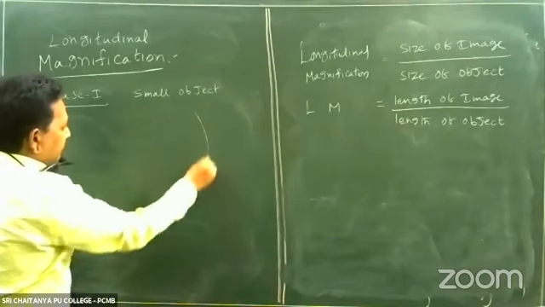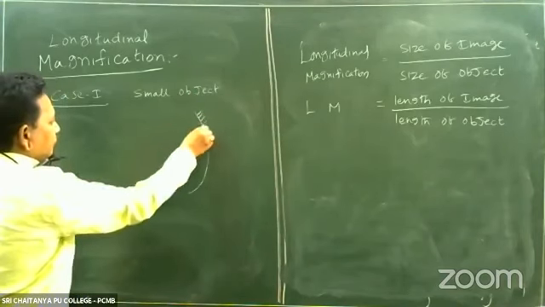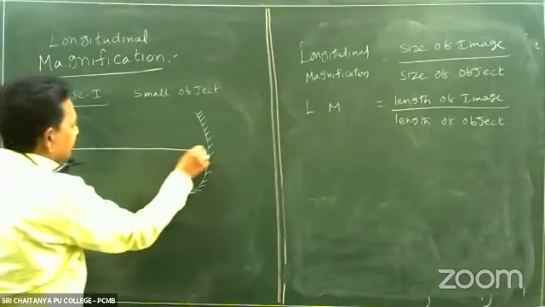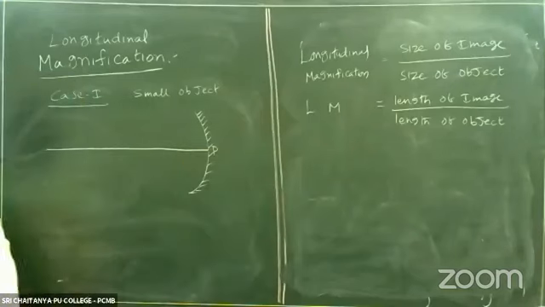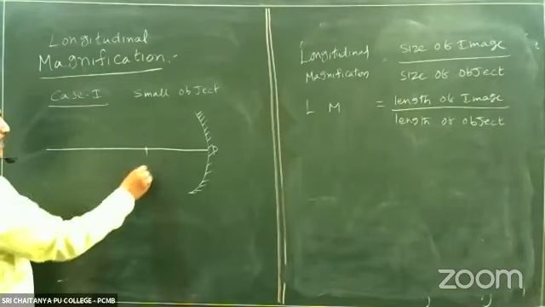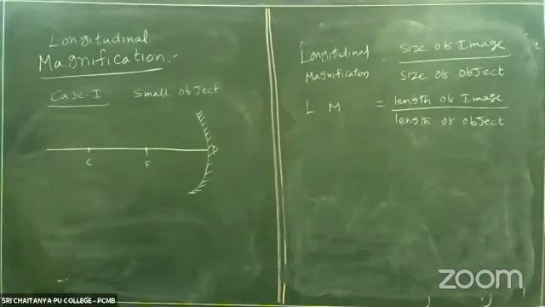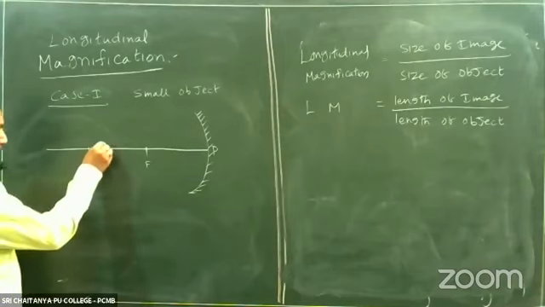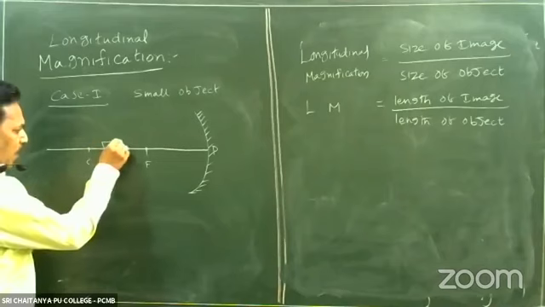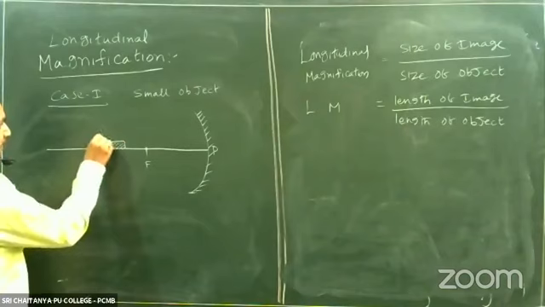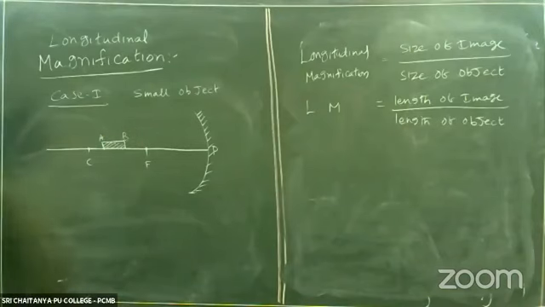So, concave mirror, principal axis, pole of the mirror, principal focus, center of curvature. Imagine a very, very small object AB kept along the principal axis.